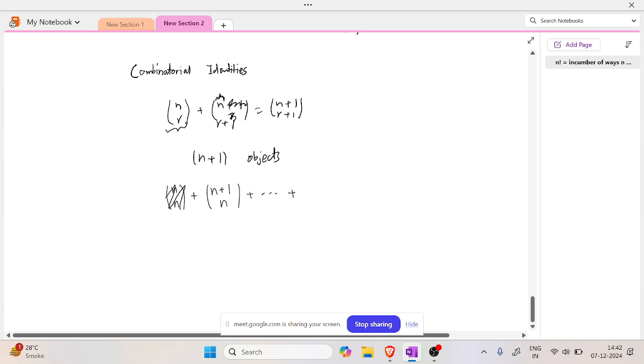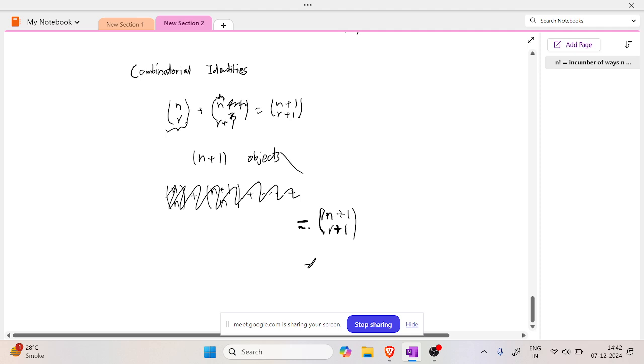Okay, so basically, what you can do is think about extending this idea. On the right hand side you get n plus 1 CR plus 1, and now you take cases.